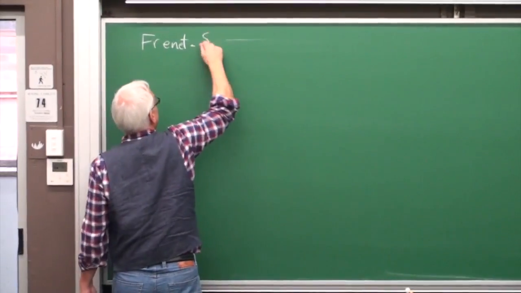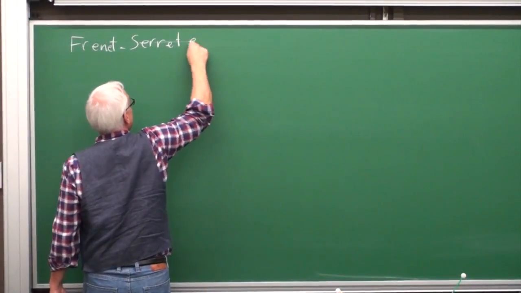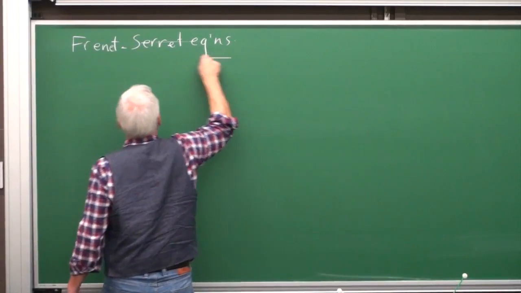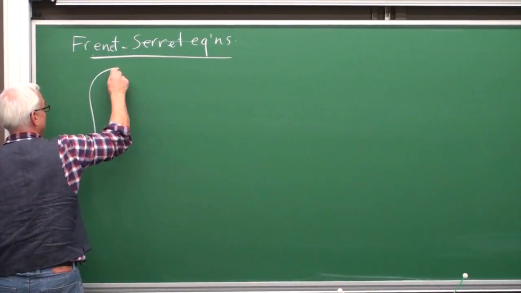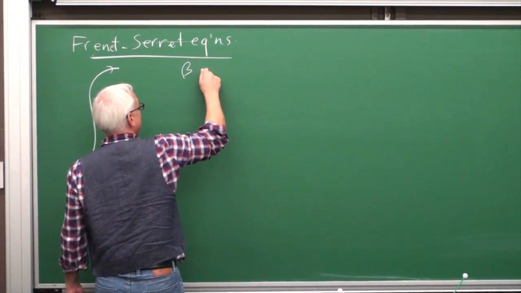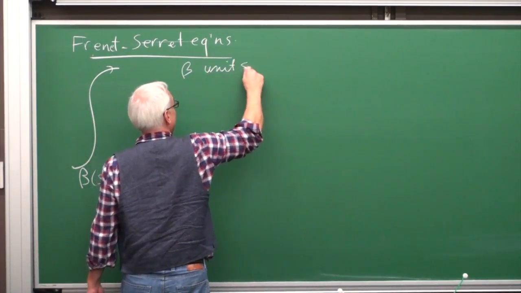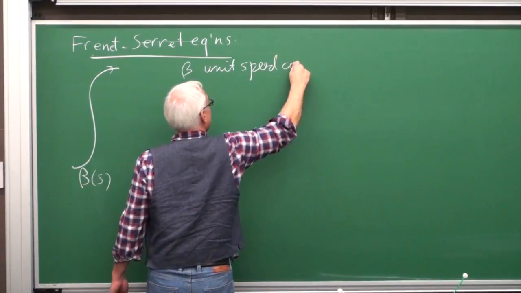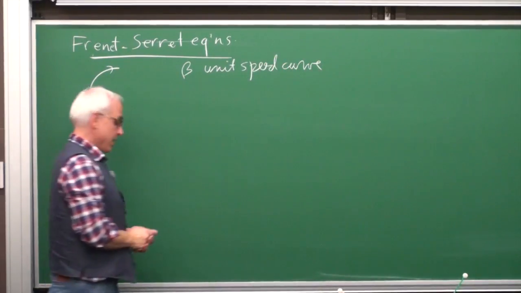All right, so last time we talked about the Frenet-Serret equations. Let me remind you what they were. So we have some curve, and we're thinking of a unit speed curve. Beta is a unit speed curve.